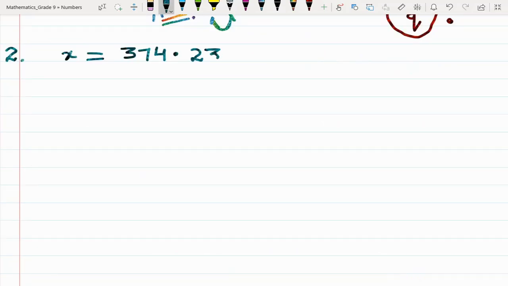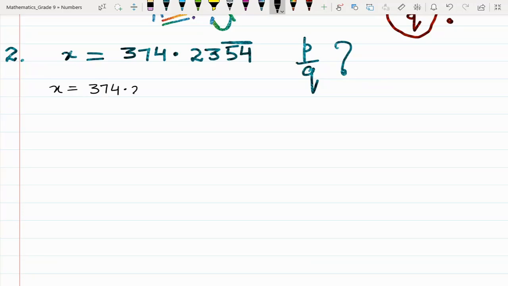So let's quickly move to example 2 now and see how to convert this number in the form P by Q, where my x is equal to 374.2354 and the bar is only on two digits. So you can observe here that the digits 2, 3 are not repeated. Only 54 is repeated infinite times.